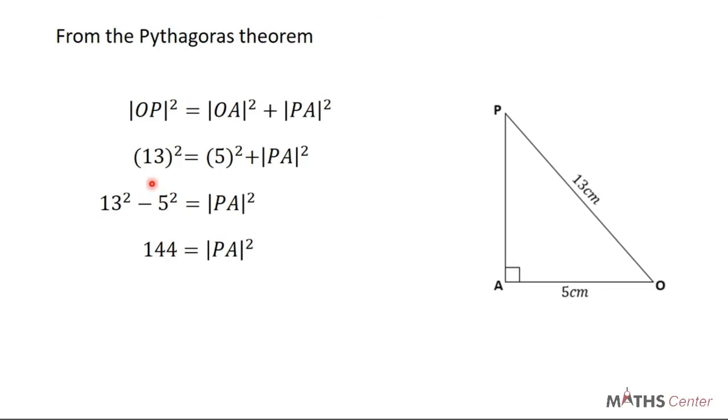If you do this on your calculator, you get 144. To make PA the subject, we take the square root of both sides. So we take the square root of 144 and the square root of PA squared. If you take the positive square roots of both sides, PA gives us 12 centimeters. So we have been able to find PA.